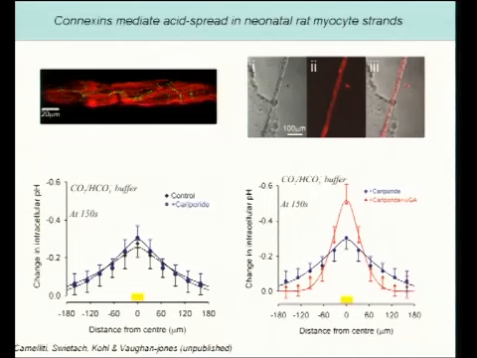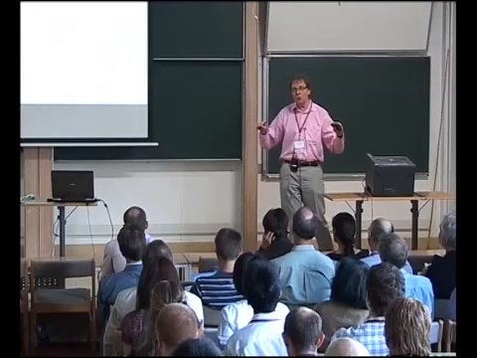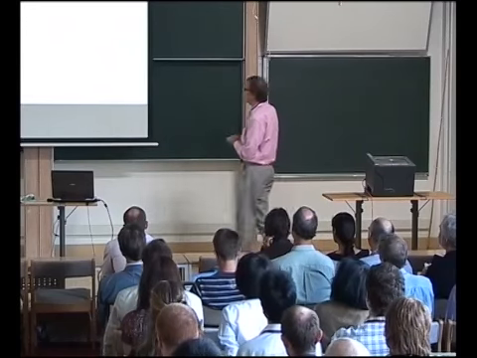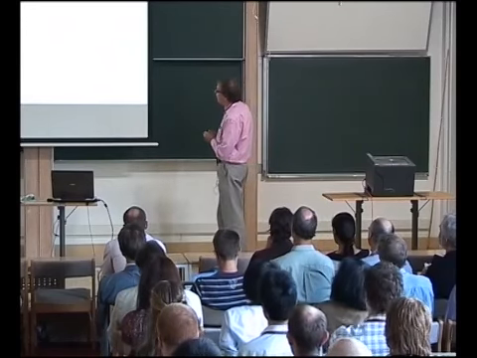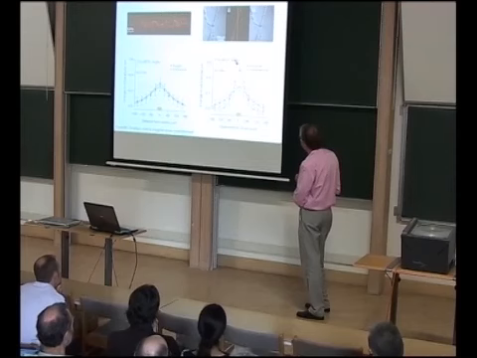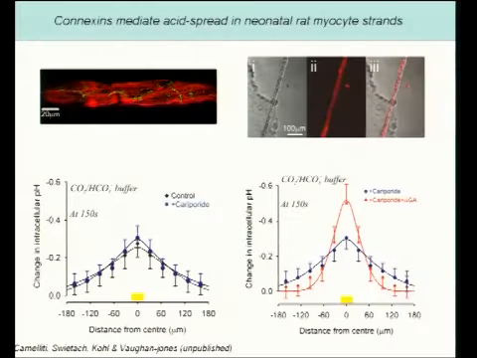If you block gap junctions, and we do this pharmacologically with glycyrrhetinic acid, you then find that basically the protons that you inject here remain within the central region, and we get virtually no movement. And that's shown here. You get a much greater acid load in the central region when the junctions are inhibited. And this is a way of showing you directly the spatial regulation caused by gap junctions.